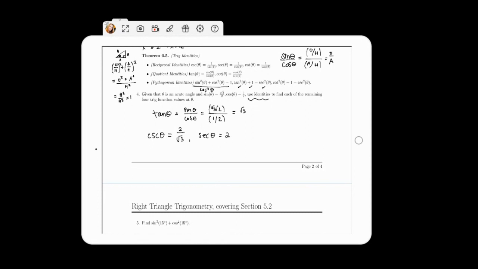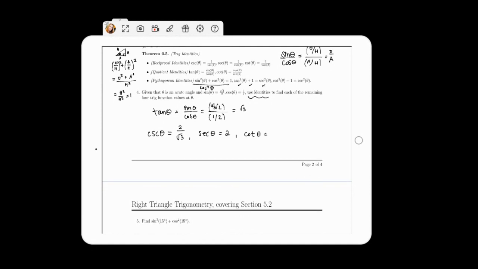So secant is 2 over 1. And cotangent is the reciprocal of tangent. So that equals 1 over √3. So without even having to use a right triangle, as long as I know both sine and cosine, I can use identities to find all of the remaining values.